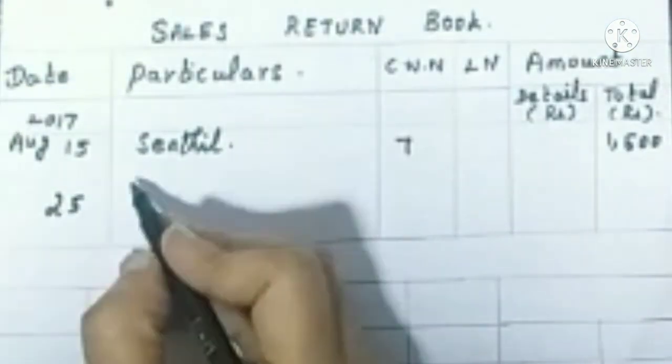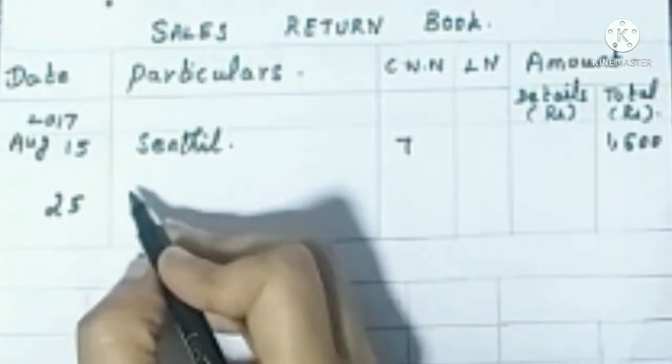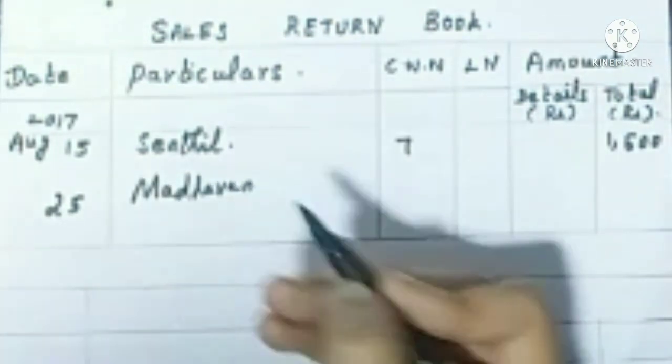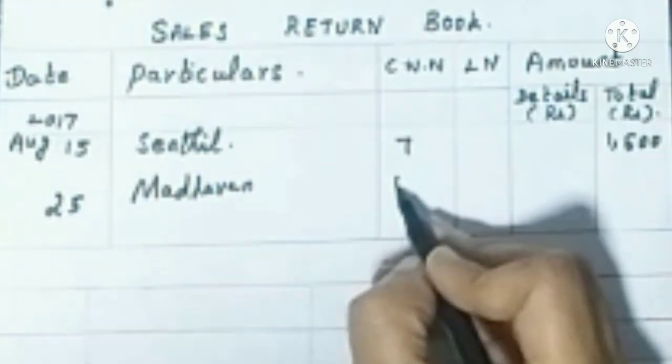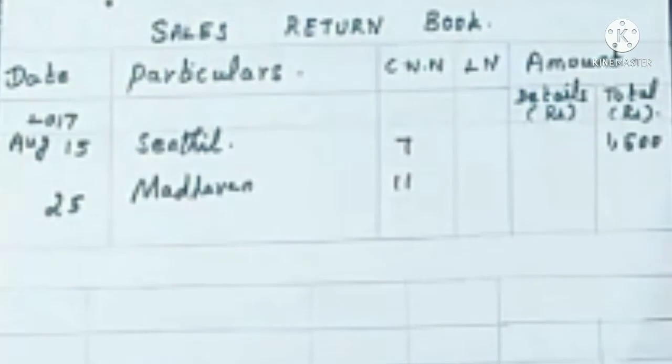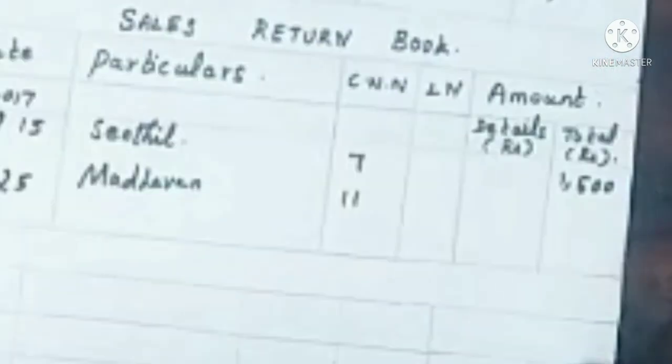On August 25th, goods are returned by Madhavan. Credit note number is 11. Amount is rupees 1800.